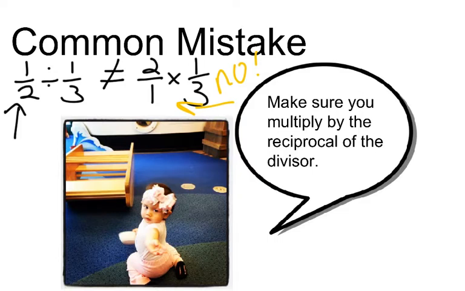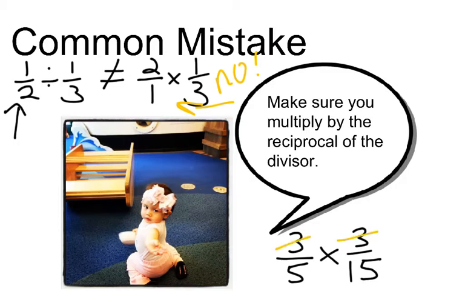Another common mistake is when students are cross-canceling. So let's say you have 3/5 times 3/15, which I just realized could just be reduced, but we'll just use this as an example anyway. Sometimes students will mistakenly cross-cancel the 3's and the 5 and 15ths.